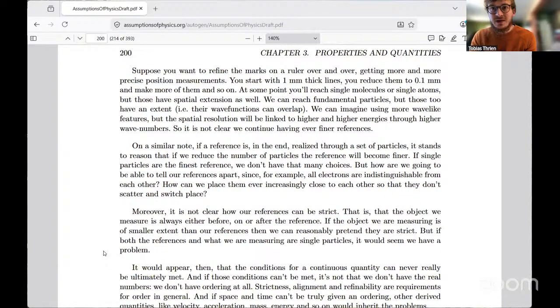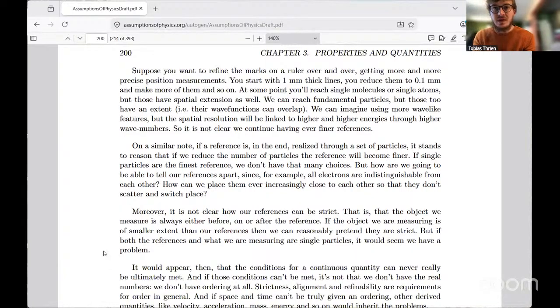We can reach fundamental particles, but those too have an extent, i.e. their wave functions can overlap. We can imagine using more wave-like features, but the spatial resolution will be linked to higher and higher energies through higher wave numbers. So it is not clear if we continue having ever finer references.